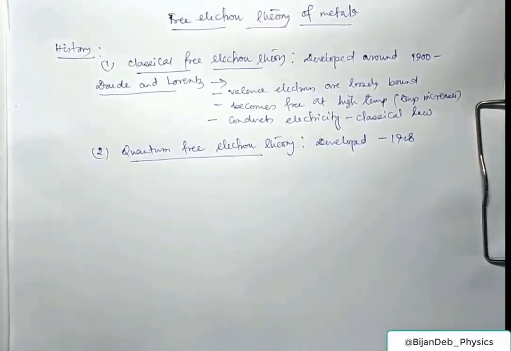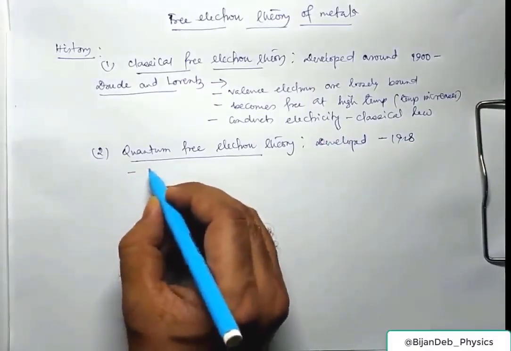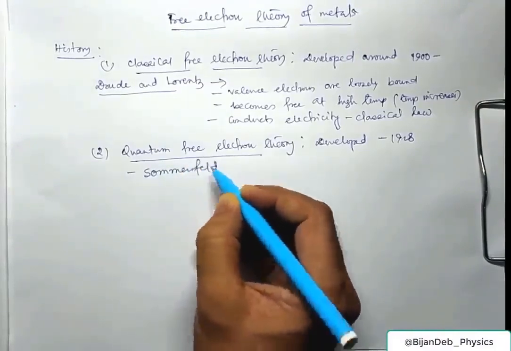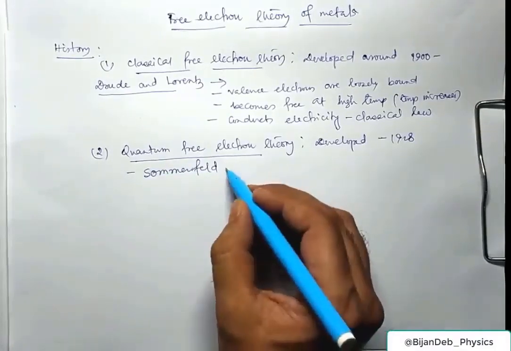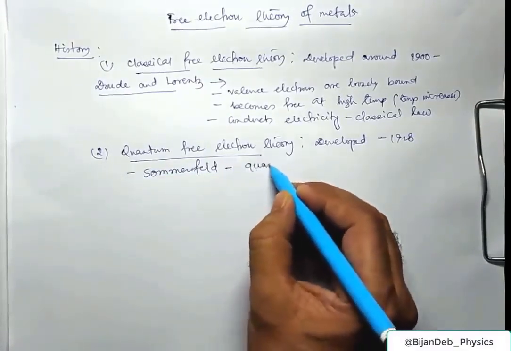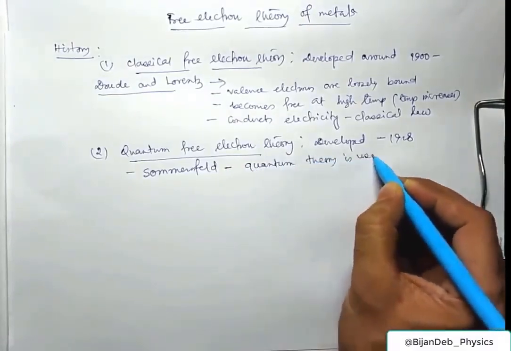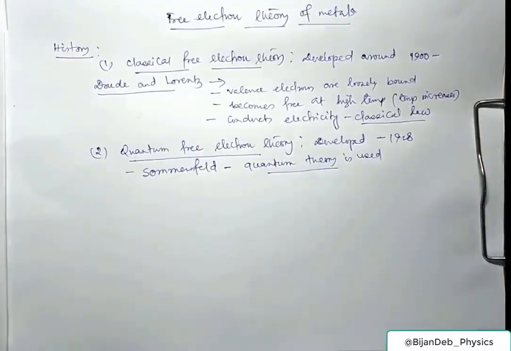It was first developed by Sommerfeld, the quantum theory of electron conduction. Here the classical concepts are used in the earlier theory, and here quantum theory is used related to the electron motion.